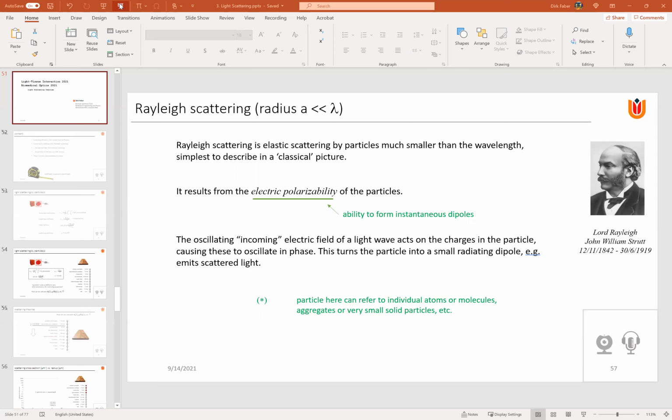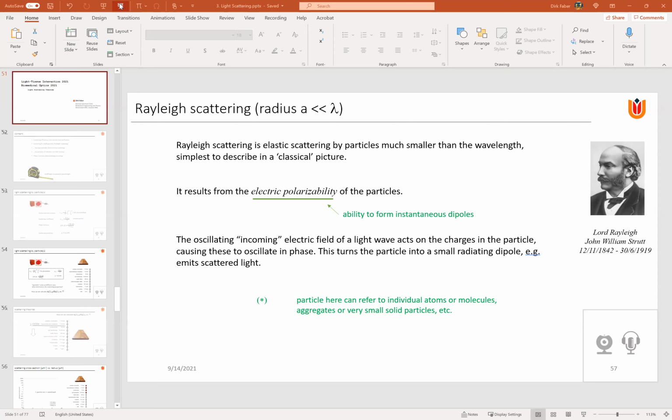The simplest way of describing it is in a classical picture. I'm not going to dwell too much on that. But the physical bottom line is that it results from the polarizability of the particles, and that basically means the ability of how easily particles can form instantaneous dipoles, so how easily they can respond to the incident electric field.